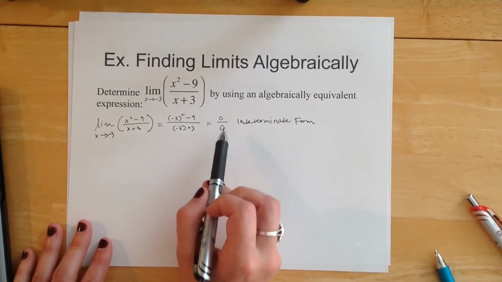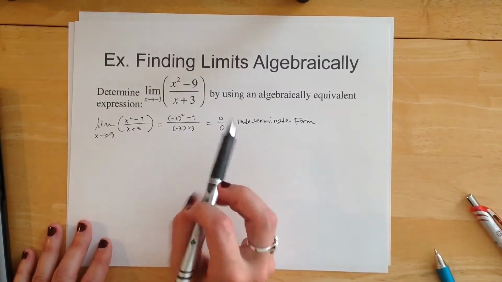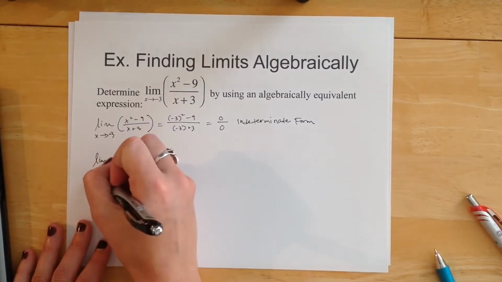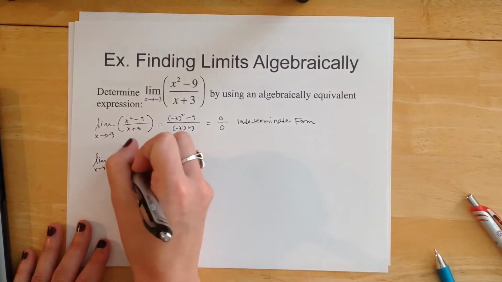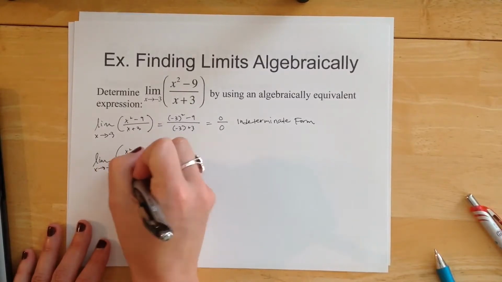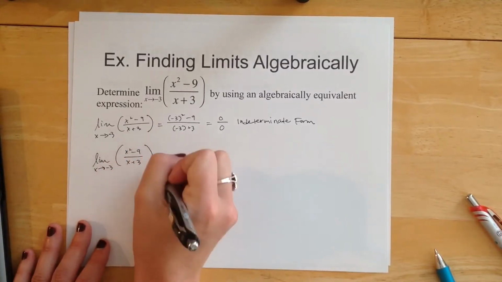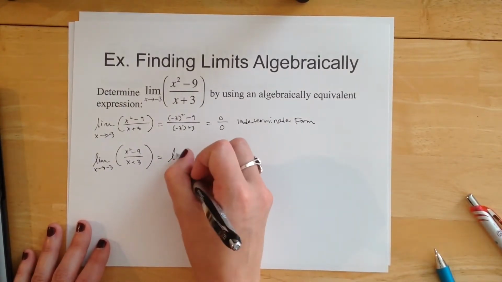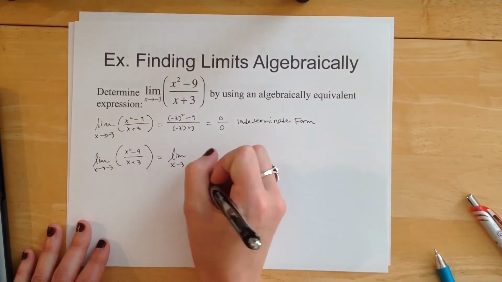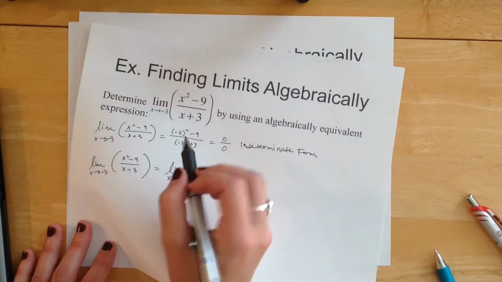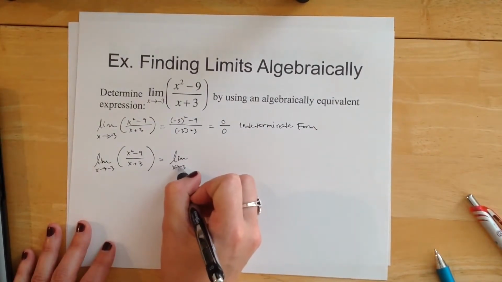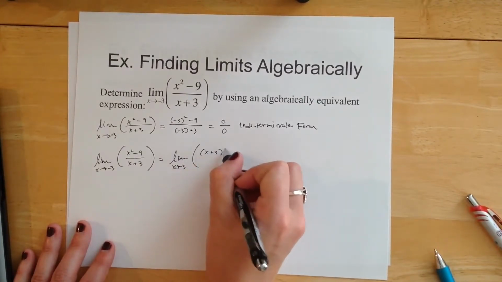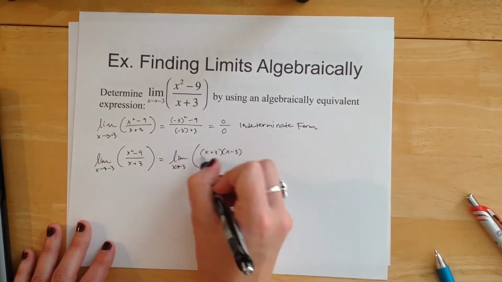Okay, so this tells me that there is a common factor, and looking at the function I can see that. So rewriting the limit, I see the numerator factors to x plus 3 times x minus 3.